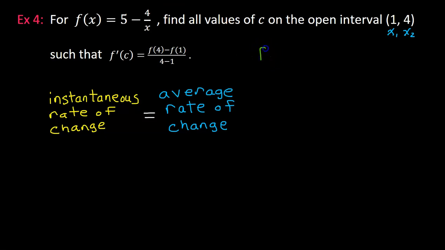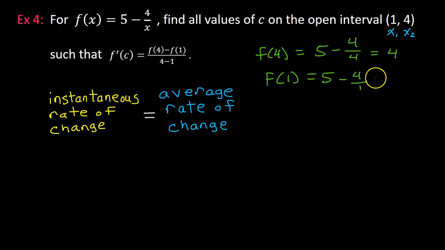F at 4 will be 5 minus 4 over 4, and that's just going to be 5 minus 1, so that will equal 4. Now let's find f at 1. That'll be 5 minus 4 over 1, which will just be 5 minus 4, which equals 1.